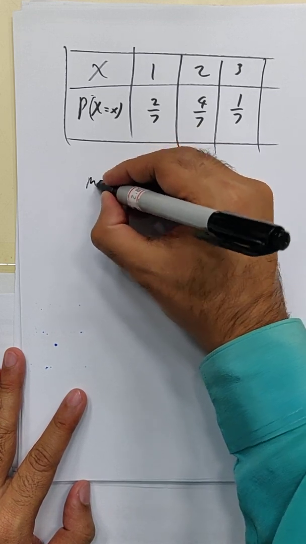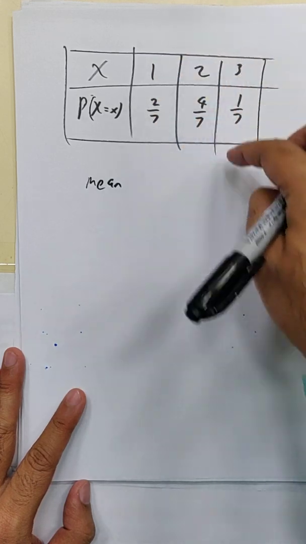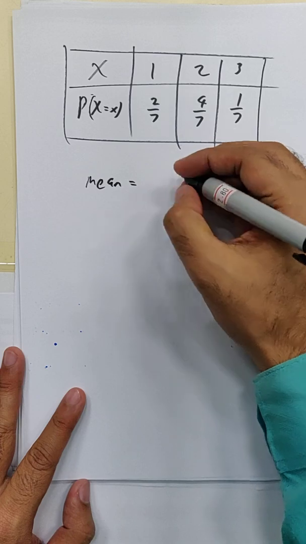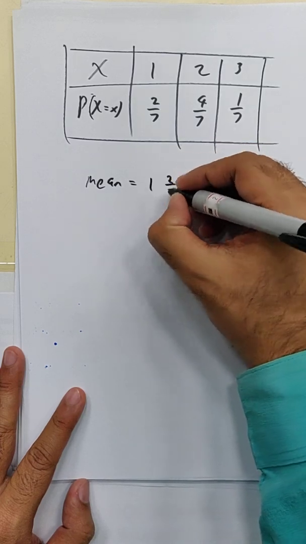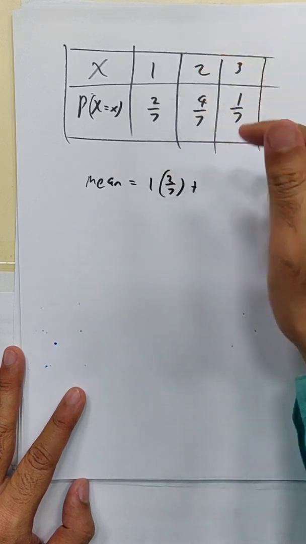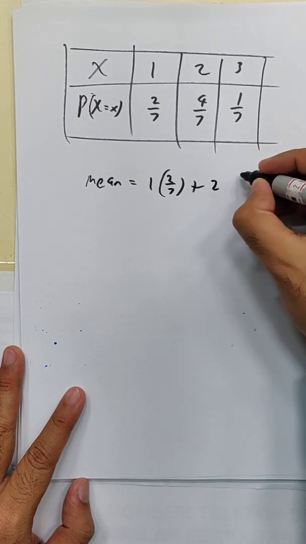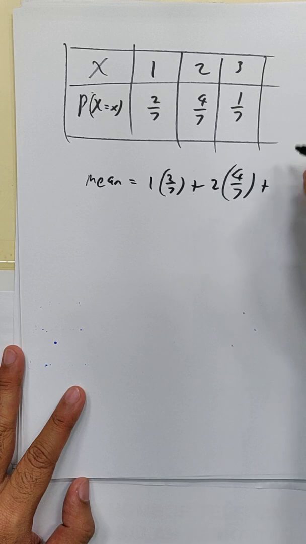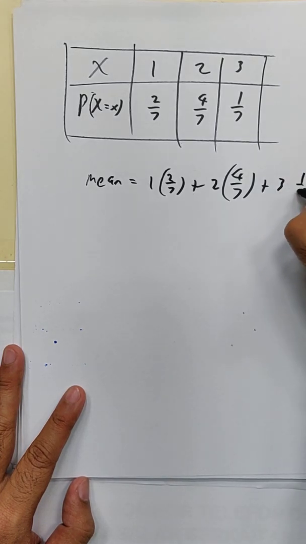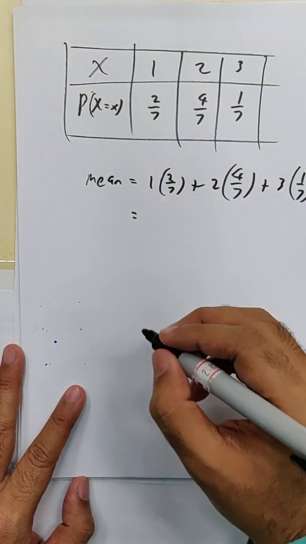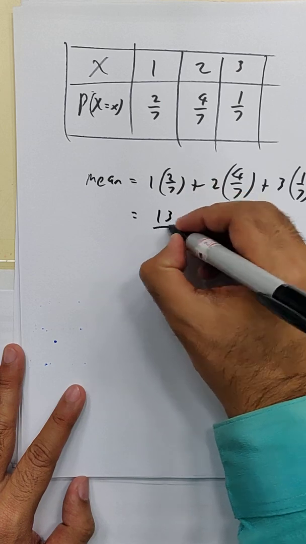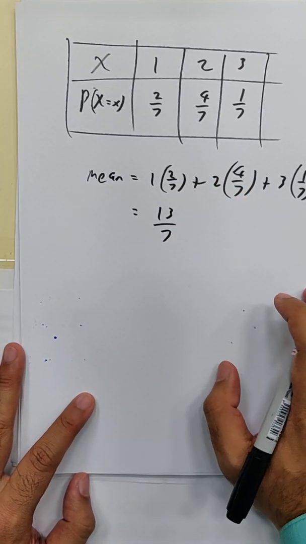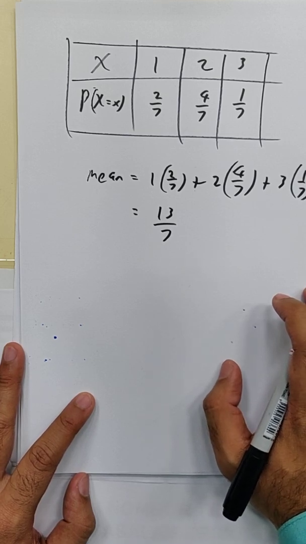The mean is simply times them up. So 1 times 2 over 7, plus 2 times 4 over 7, plus 3 times 1 over 7. I'm choosing easy examples for you, not hard ones. That's easy.